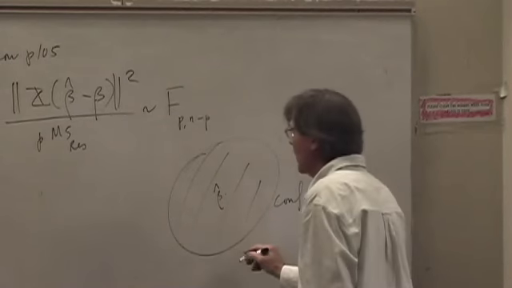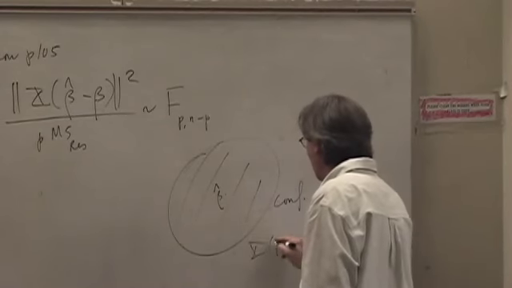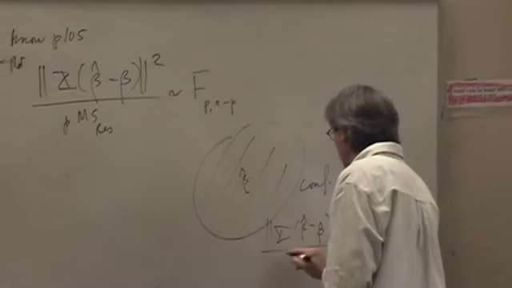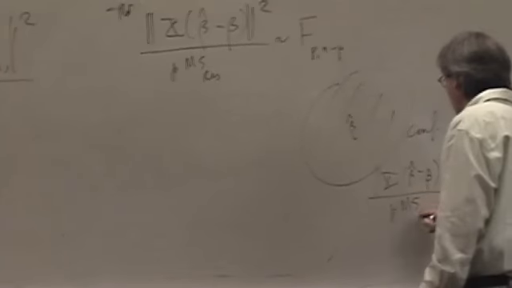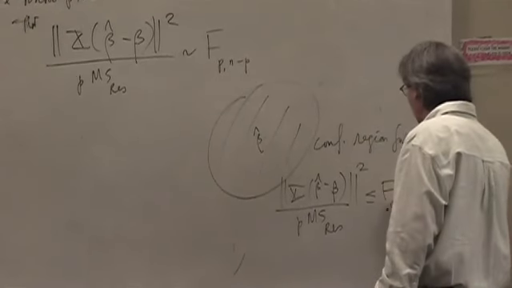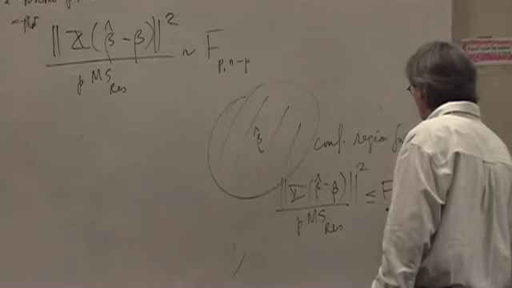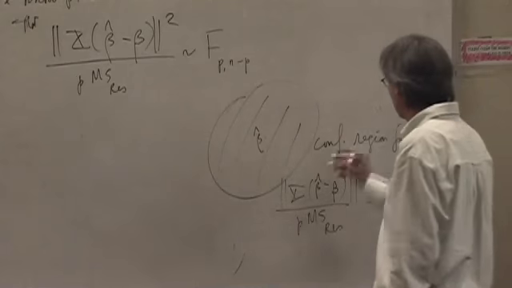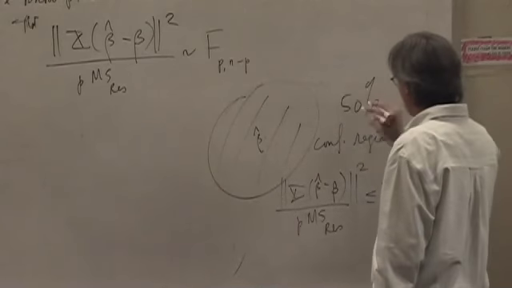And I could say, if I take x beta hat minus beta norm squared divided by p MS res, and say that's less than or equal to F, let's just make a 50% confidence region, then this is a 50% confidence region for beta.